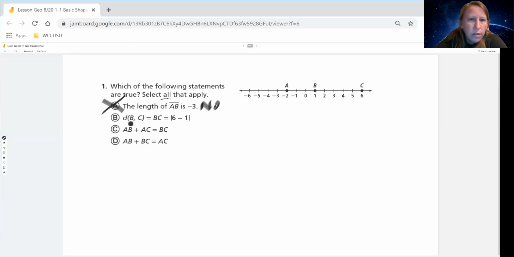So this weird notation right here is asking if the distance between B and C is equal to BC, which it is. And is that equal to 6 minus 1, and then take the absolute value? Well, let's see. We did have that formula for distance of a line segment.